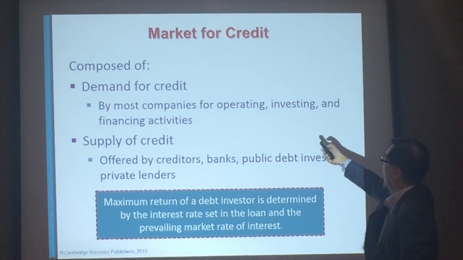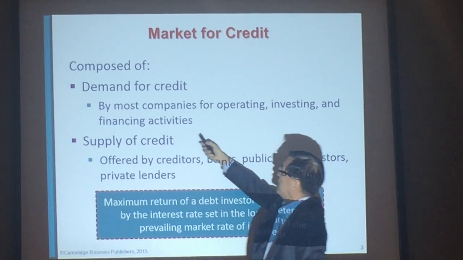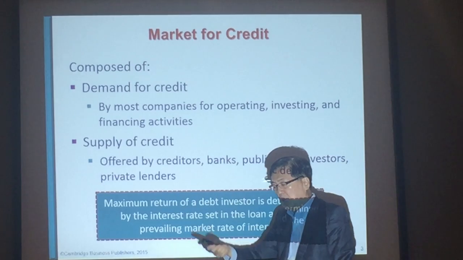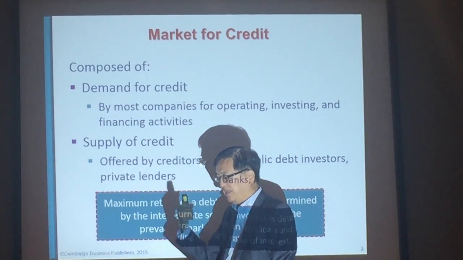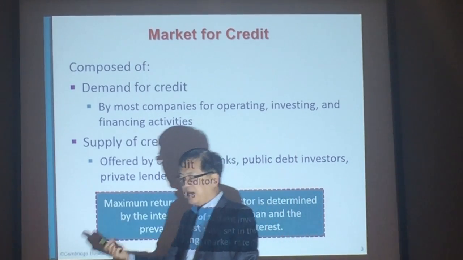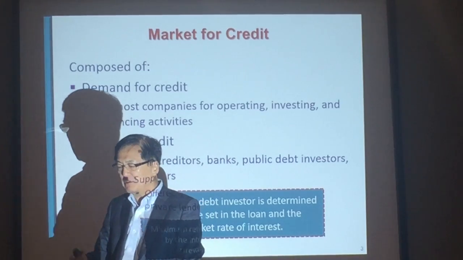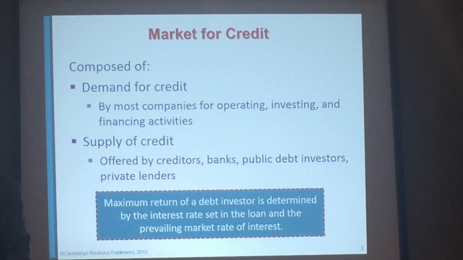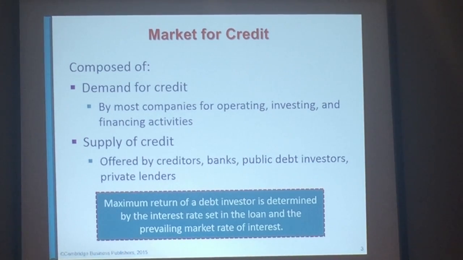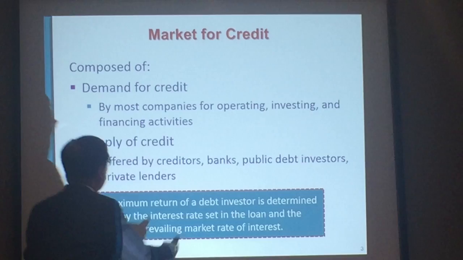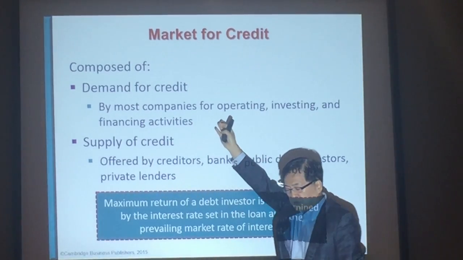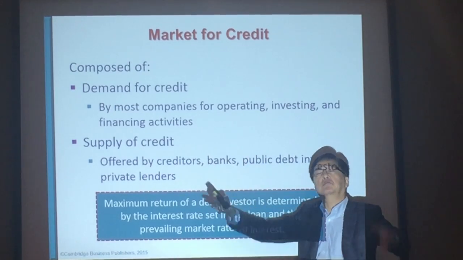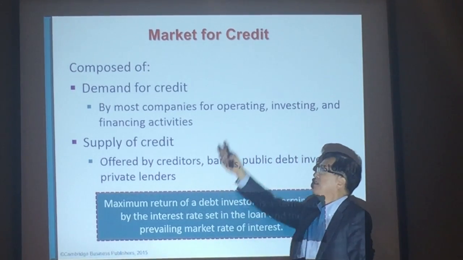Now, most companies borrow for operating, investing, and financing activities. For operating, this is good. When you want to purchase inventory, let's say 80% of the sales revenue is coming from the holiday sale from the end of October through December year end. Now, in order to make that 80% of the sales during that 2-month, 3-month period, you need a chunk of money to pile up your inventory.